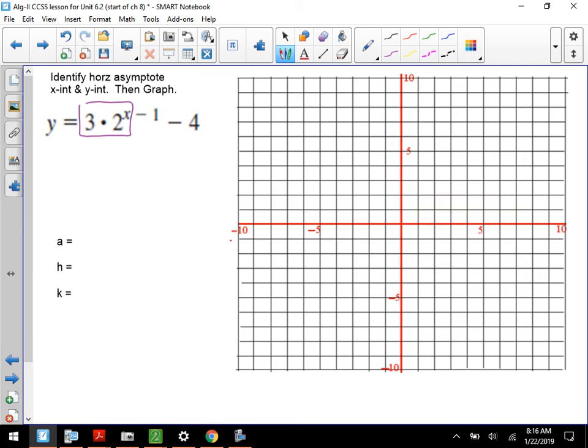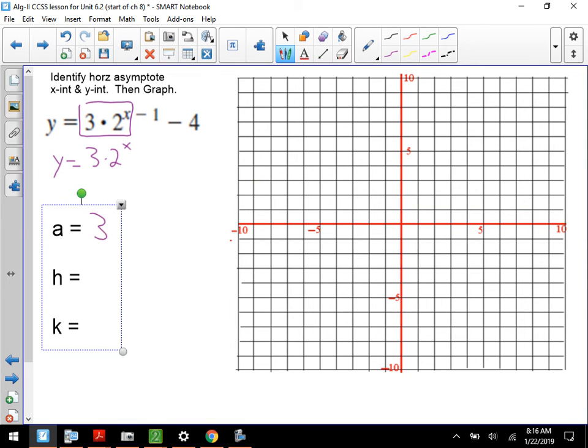So I know my parent function would be y equals ab to the x. Well, what's my a value? 3. Now, our h value, remember what it said, x minus h. Very good. Your h value is 1. What's your k value, though? -4. You guys remember the representation when we did h's and k's? It's usually x minus h plus k. Same idea passes here.